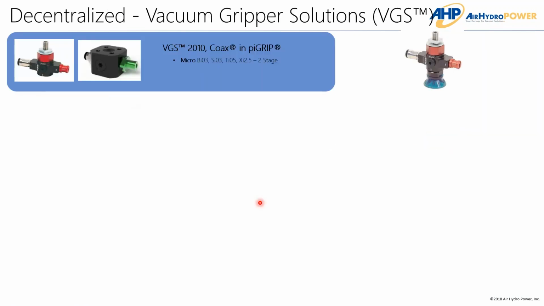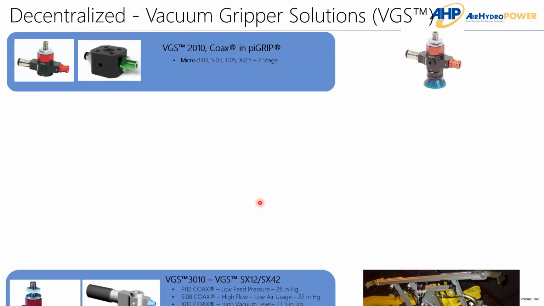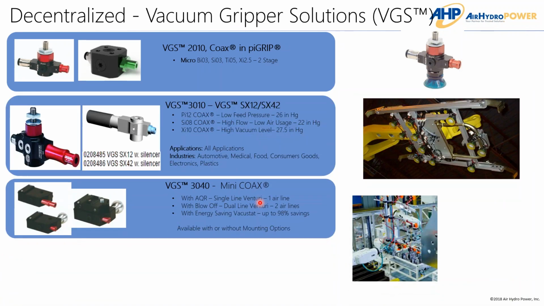And here's the vacuum gripper solutions, the VGS that I keep mentioning. There's just a big family of VGS products and offerings here. Ultimately, as you can see, this is where you can mount the cup directly to the VGS itself. There are times where you can't mount the cup directly to it, and some people still have a line going out to that cup.